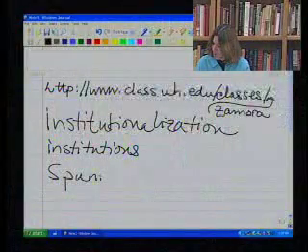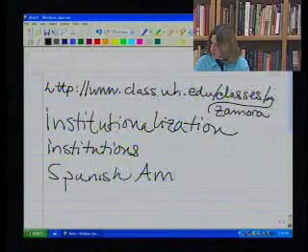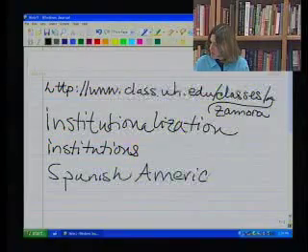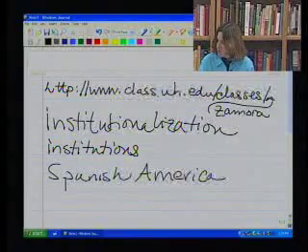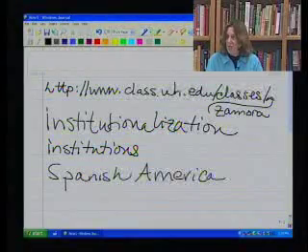And a useful term that I can use to talk about the Spanish colony or colonies, because I will talk about the political jurisdictions and how these were defined a little bit later, a useful term that allows me to talk about all the Spanish governed areas in the Americas is the term Spanish America.